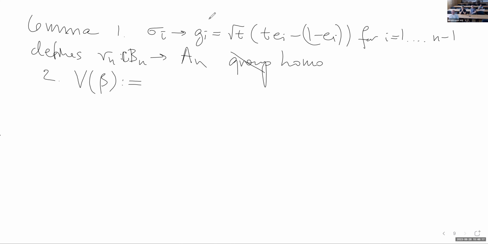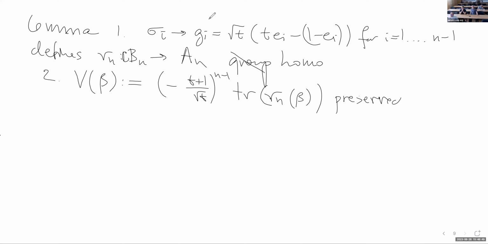Let's define now better. There's some normalization factor, and it will be just as you can expect, the trace of R_n of beta. And I claim, well, Jones observed that this is preserved by Markov moves.